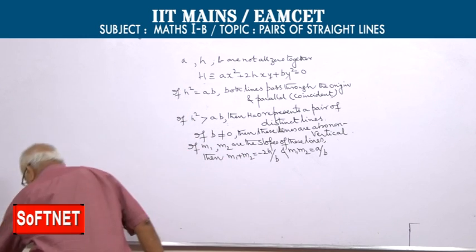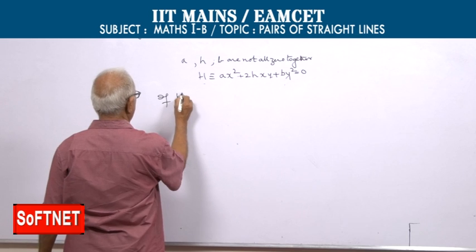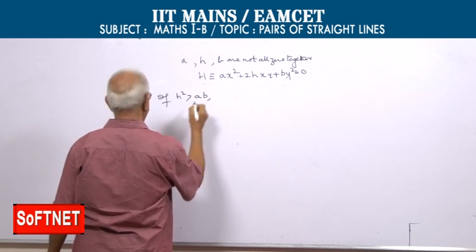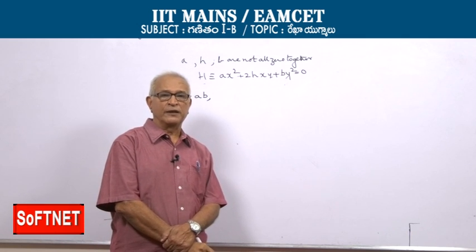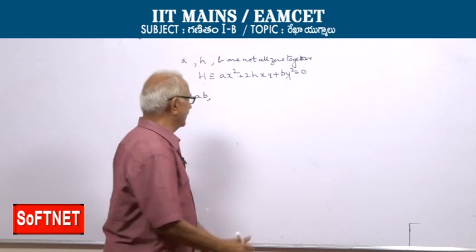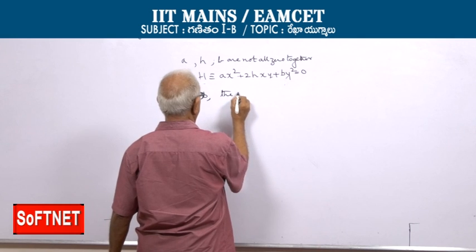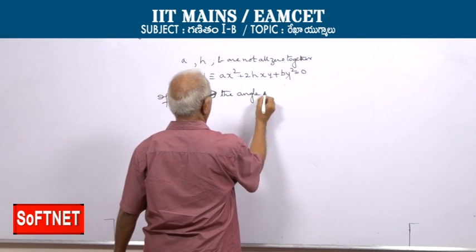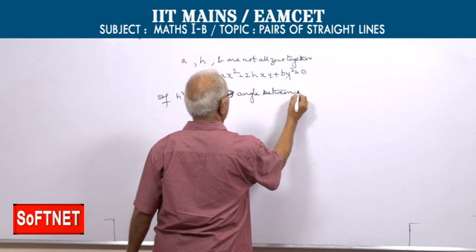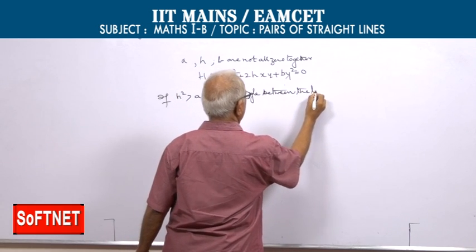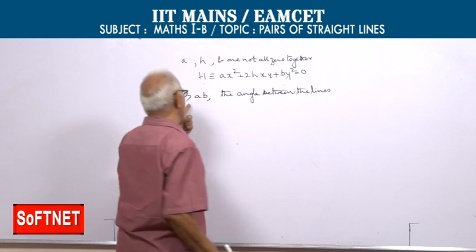Next, if h square greater than AB, you can also determine the angle between the lines represented by H equal to 0. Well, you can also include the case h square equal to AB.